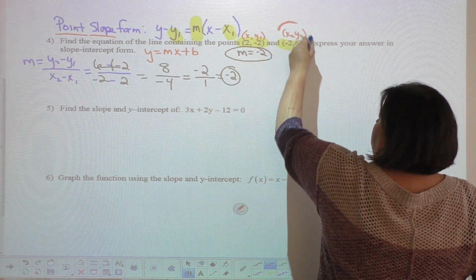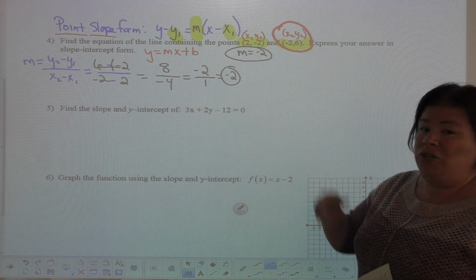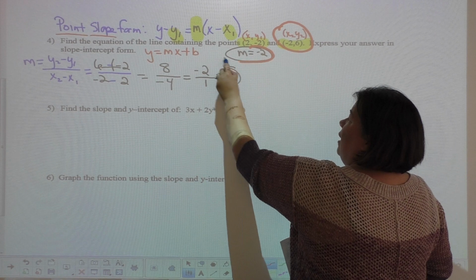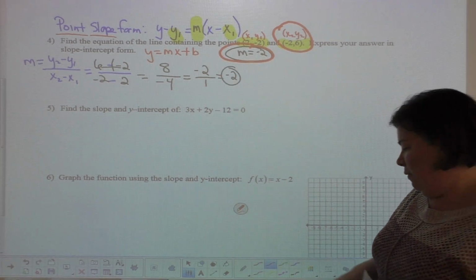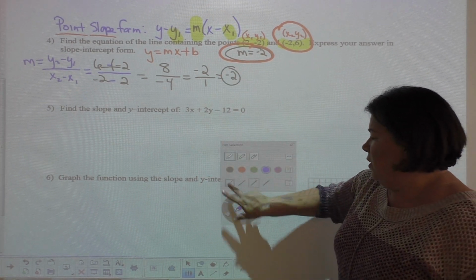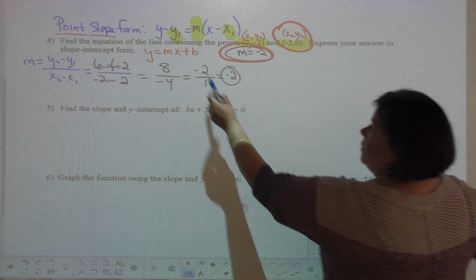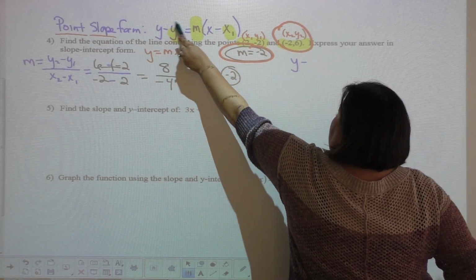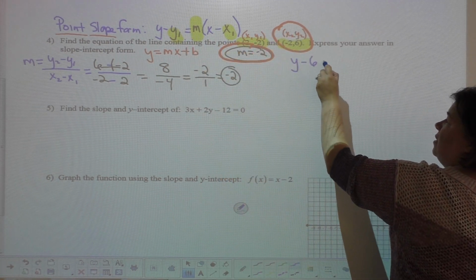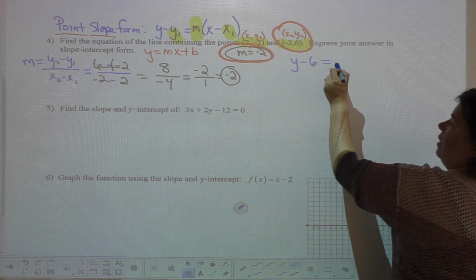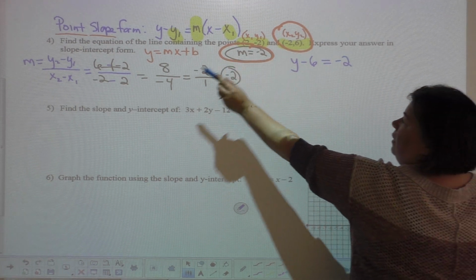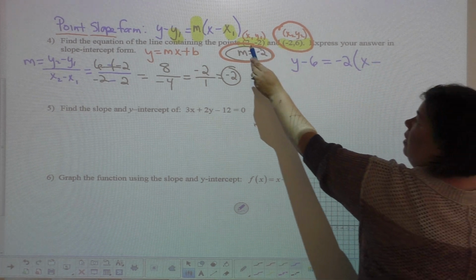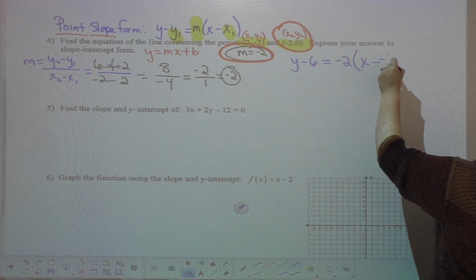So for purposes of this illustration, I'm going to just go ahead and use negative 2 comma 6 as my point and the slope of negative 2 that we've calculated. So using point-slope form, I'm going to write out y minus 6, y sub 1, and my slope m is negative 2, which we've calculated, times the quantity x minus x sub 1, but I have negative 2.